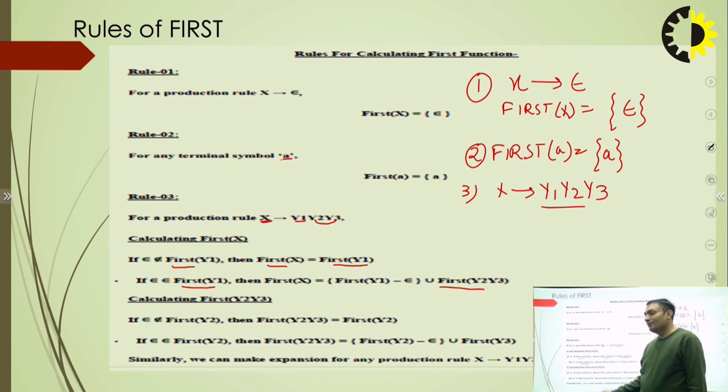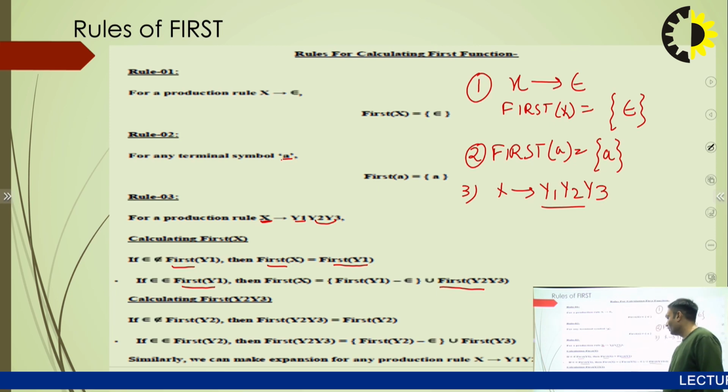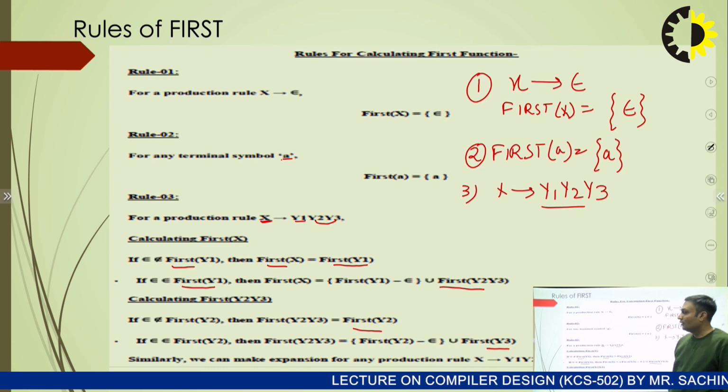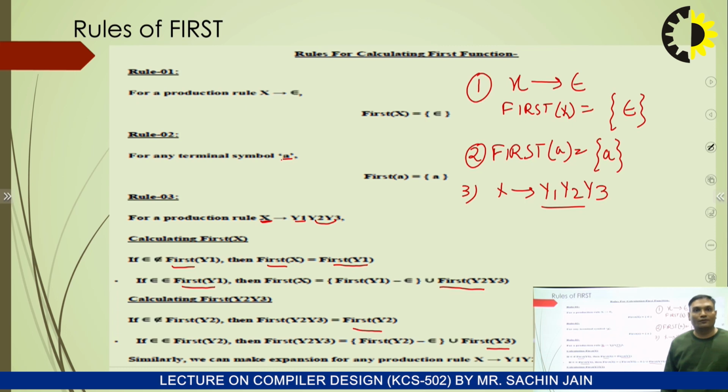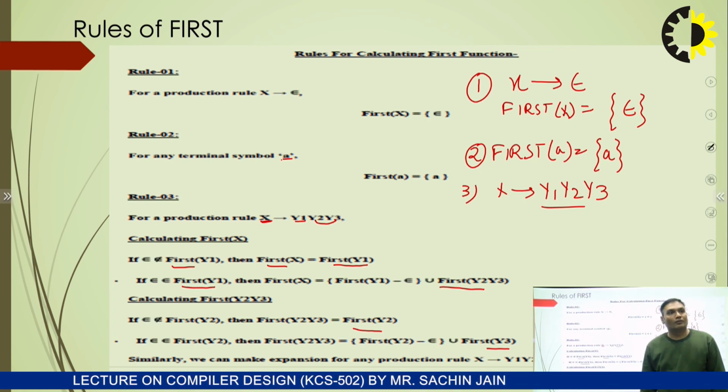With the same rule, we will calculate the first of Y2 and Y3. If epsilon is not part of Y2, then the first of Y2, Y3 will be the first of Y2. And if epsilon is part of Y2, then we will check Y3 as well. With the example, we will see how we are calculating the first of any prediction rule.